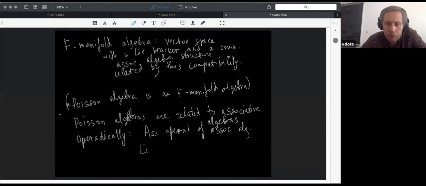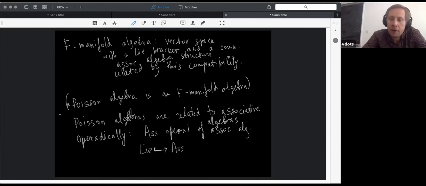You have a map of operads from the Lie operad to the associative operad, corresponding to the fact that the commutator in an associative algebra gives it a Lie algebra structure. And so, in fact, this map is an embedding, as is well known.